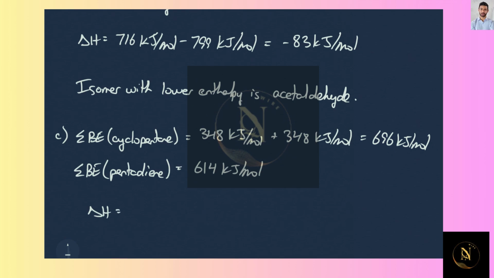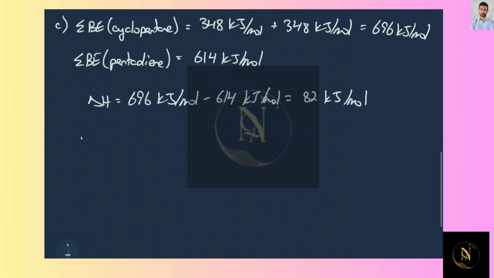Therefore, our delta H here will be 696 kilojoules per mole minus 614 kilojoules per mole. And this will give me 82 kilojoules per mole, positive value, endothermic. So the isomer with lower enthalpy is the cyclopentane.